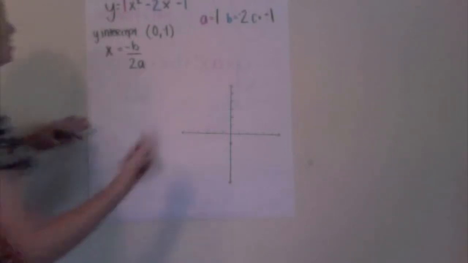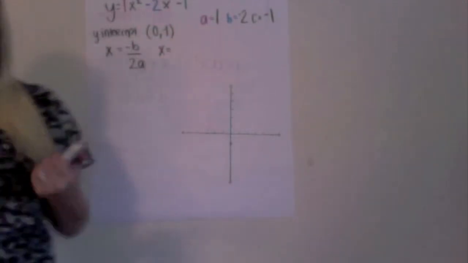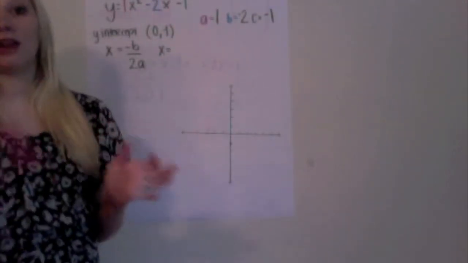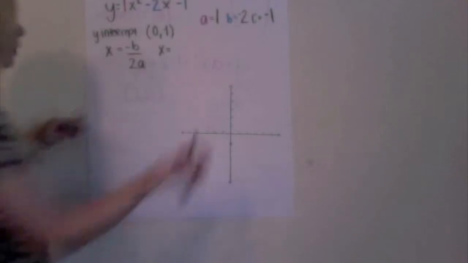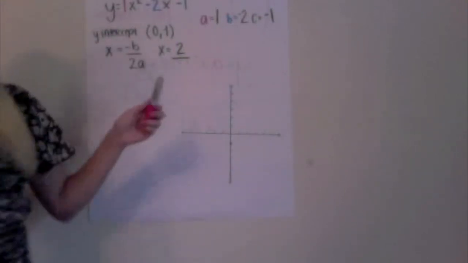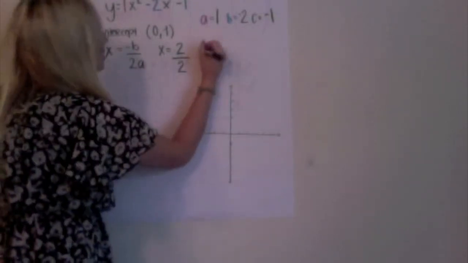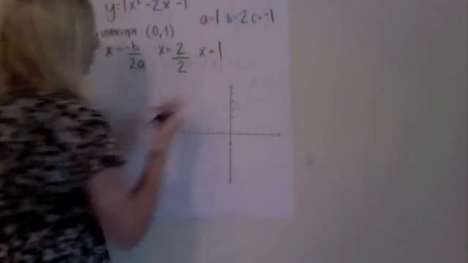In this case, we have x equals -b, which in our case is -2, which makes it just a regular 2, all over 2 times a. Our a is 1, so 2 times a is just 2. So our axis of symmetry is x equals 1.